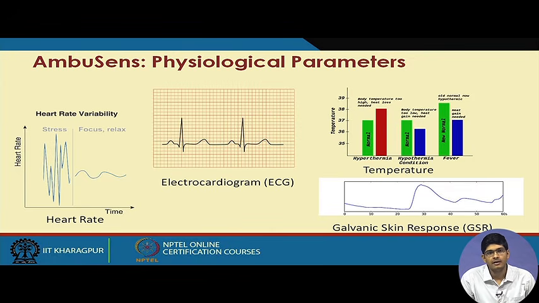For example, if we consider the case of a patient having some cardiac disease, the electrocardiogram or ECG will be of primary importance. Also, in a pediatric case, the temperature often plays a vital role.